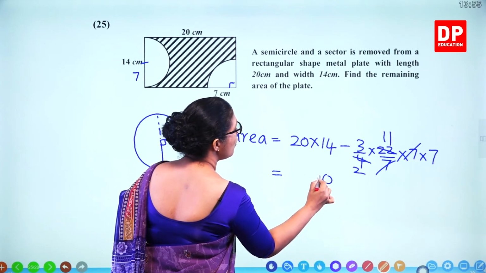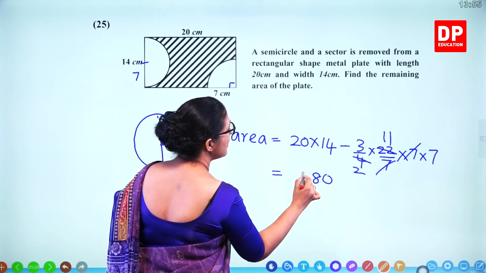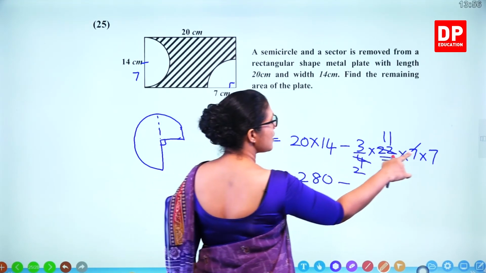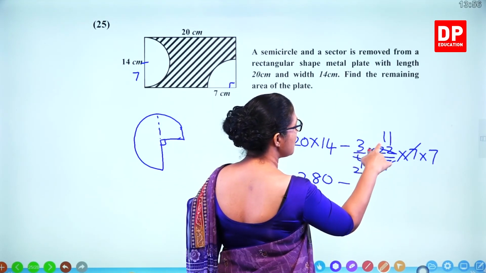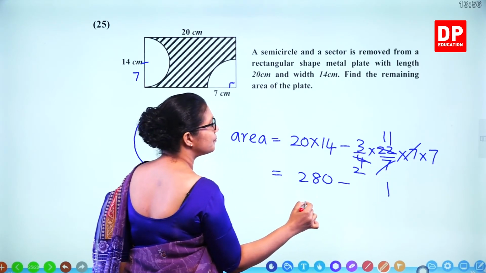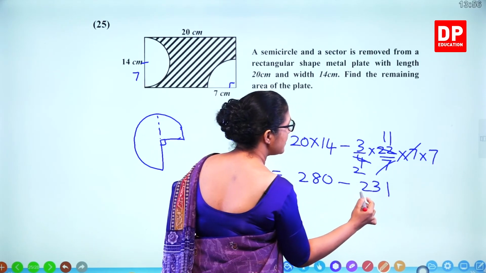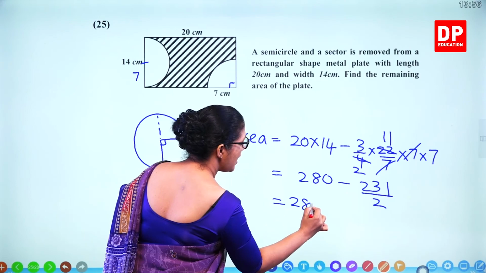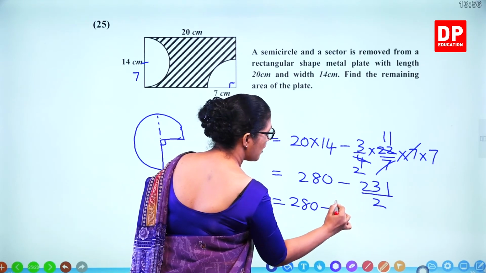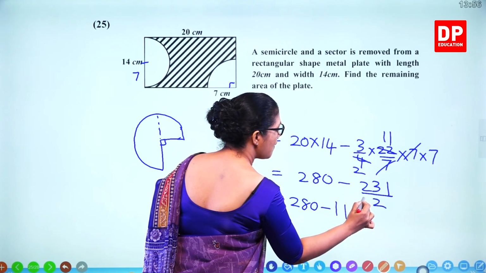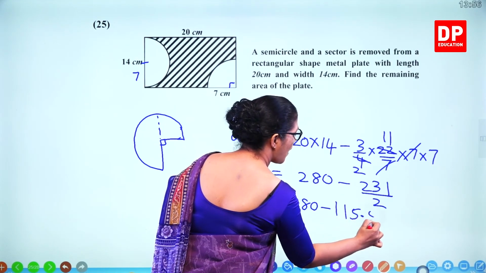So 280 minus 7 times 3, 21. 21 times 11, 231, divided by 2. So 280 minus, you get 115.5.